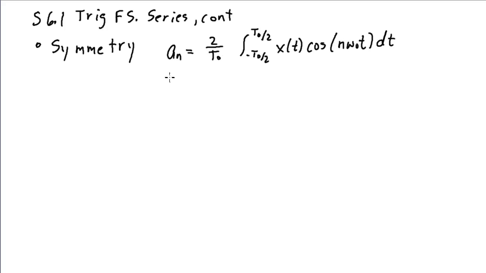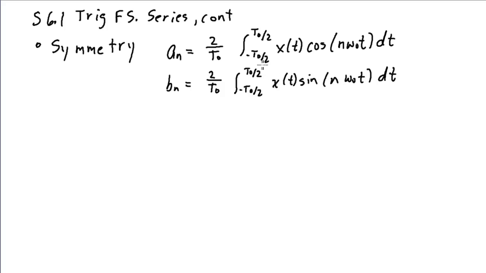And then for Bn, we also have 2 over t0, integral from minus t0 over 2 to plus t0 over 2 of x of t, sine of n omega 0 t.